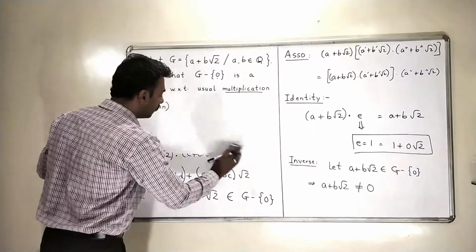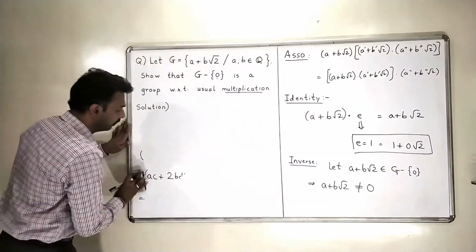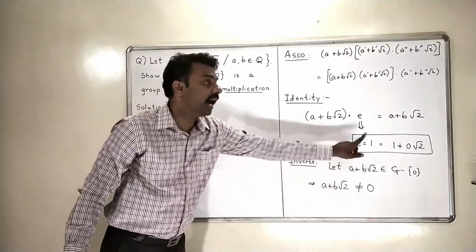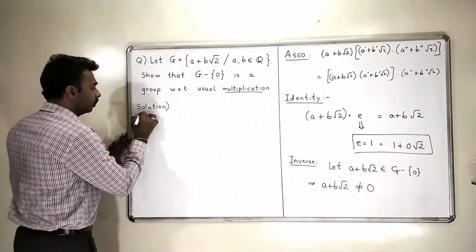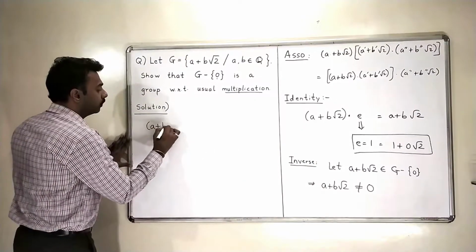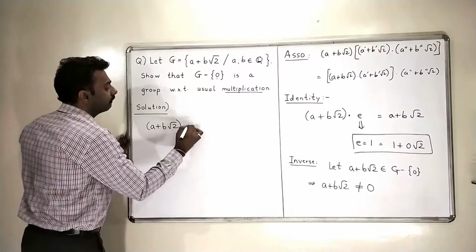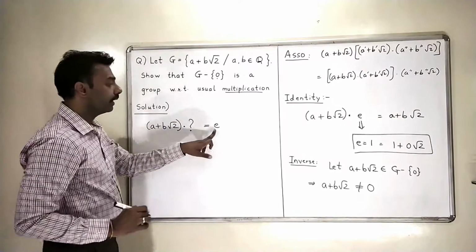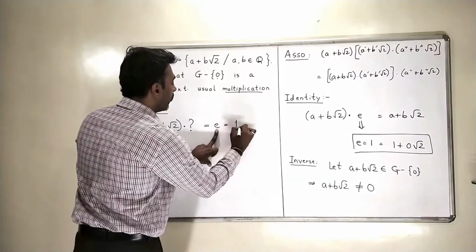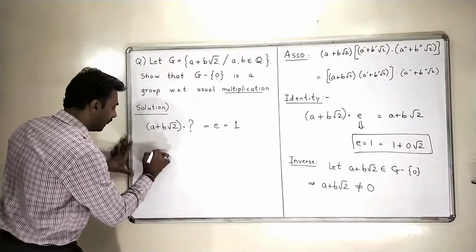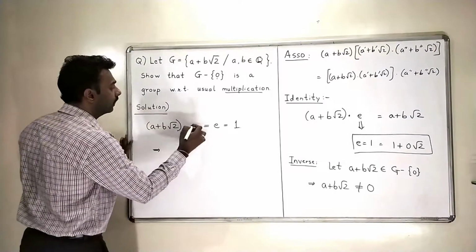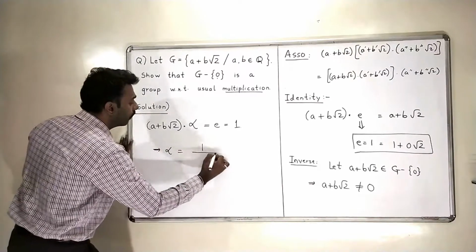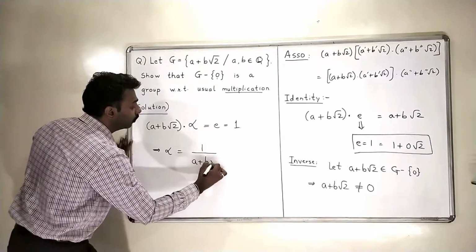Now what should I multiply this number by so that I will get the multiplication as identity? And identity is 1. So if I call this number alpha, this means that alpha has to be equal to 1 upon a plus b root 2.